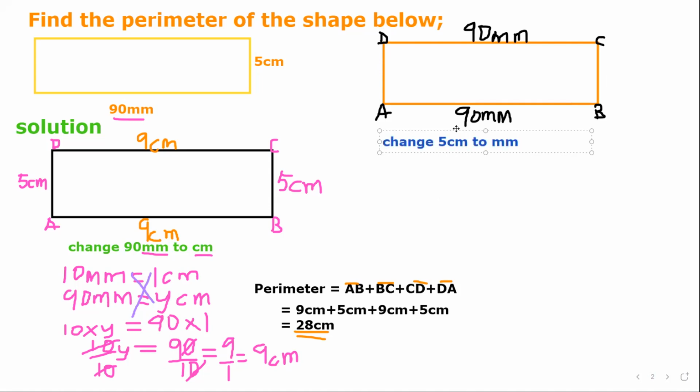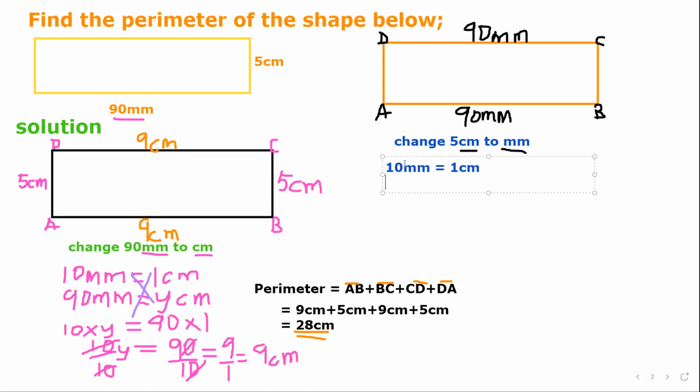Then you must state the standard, or the difference between the millimeters and the centimeters here. For every 10 millimeters must be equal to 1 centimeter here. Okay, good.